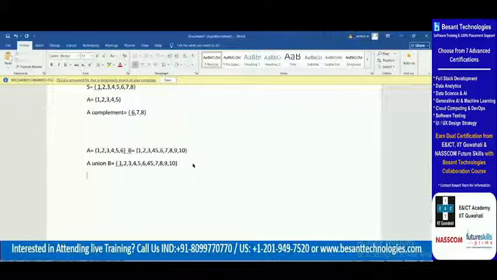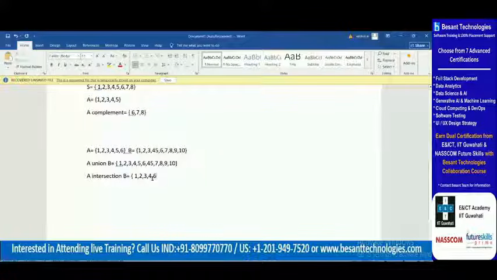Okay, so if I'm going to ask you what A intersection B means, it is repeated elements from both A and B. Repeated elements from both A and B means 1, 2, 3, 4, and you don't have any other repeated elements. You have 6.